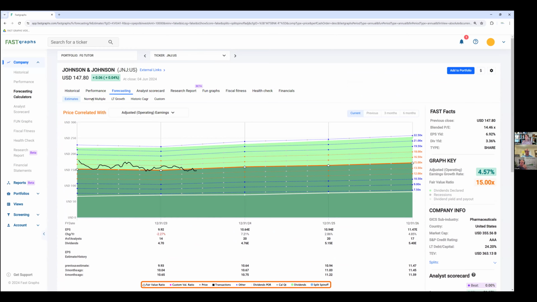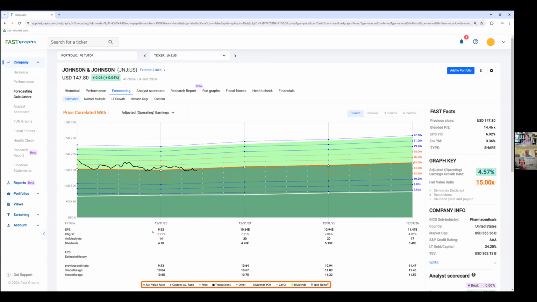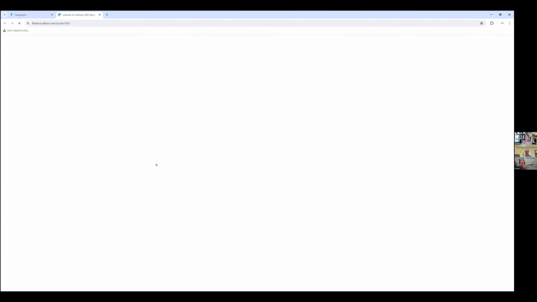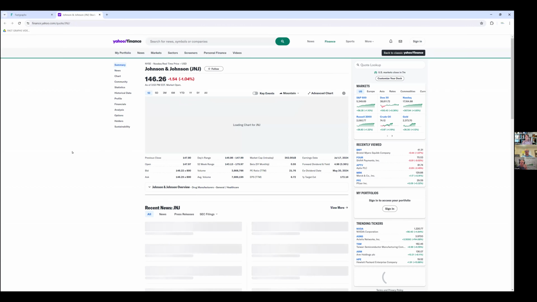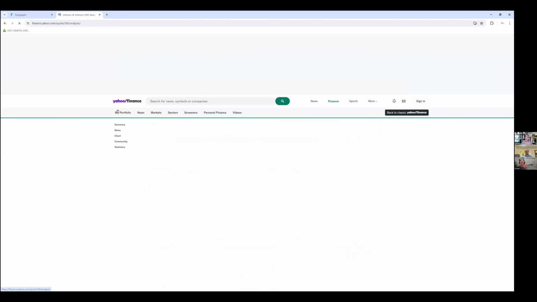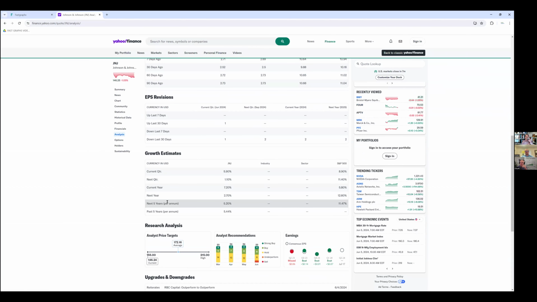Now, these first two estimates, the normal multiple or the regular estimates, are based on the same numbers. The long-term growth rate estimate is a long-term growth rate. And just to give you an illustration, if I went in here to Yahoo estimates, just looking at a different source, and went into analysis here, I could scroll down and see this is a different set of estimates from a different set of analysts covered by Yahoo.